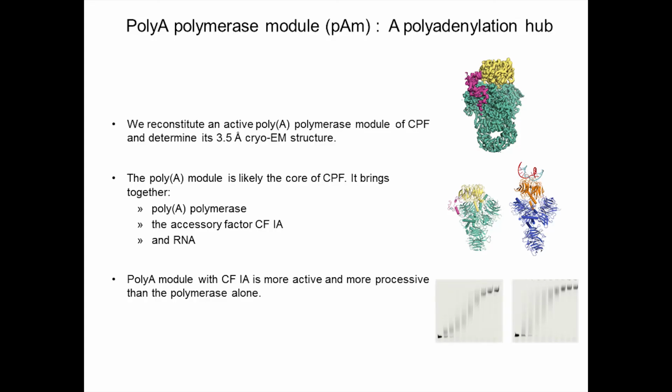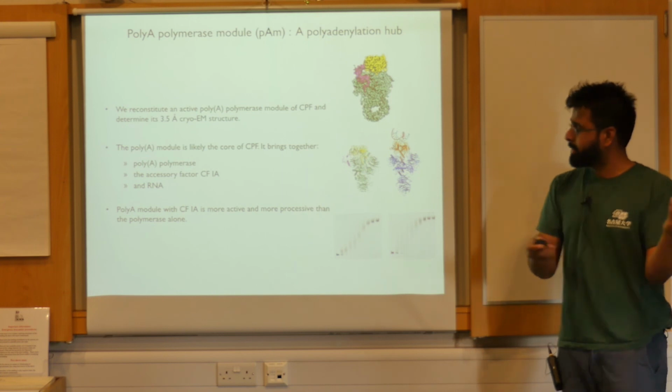And this is just the summary of my talk. I was able to reconstitute a PolyA polymerase module in the test tube, and I showed that it can add a PolyA tail to an mRNA, and we were also able to determine the atomic resolution structure of the core part of the complex, and it was similar to some of the complexes that have already been determined.